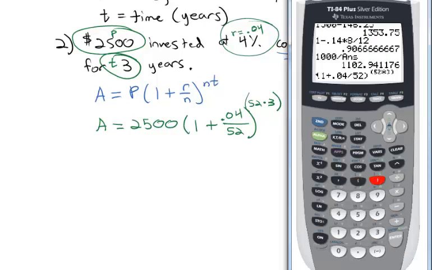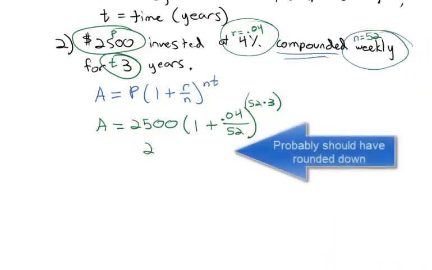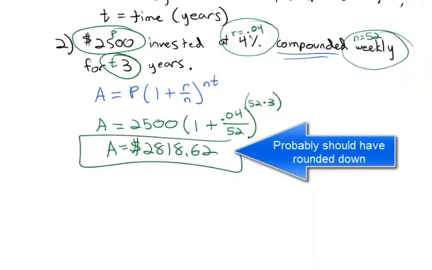Close the parentheses on the exponent. And when we hit enter, 2818.62. 2818.62 is the amount in this savings account at the end of the 3 years.